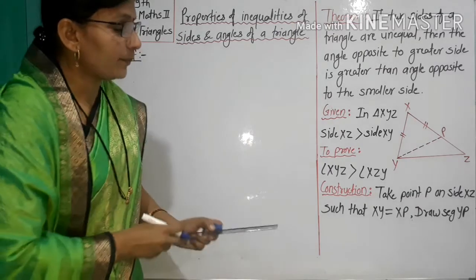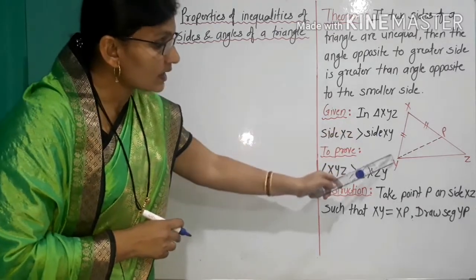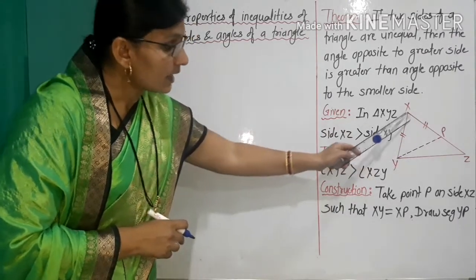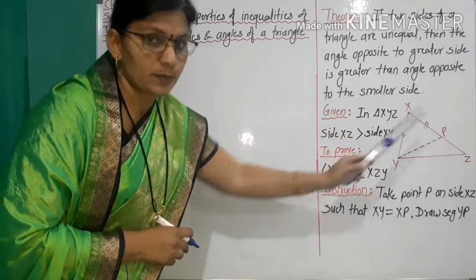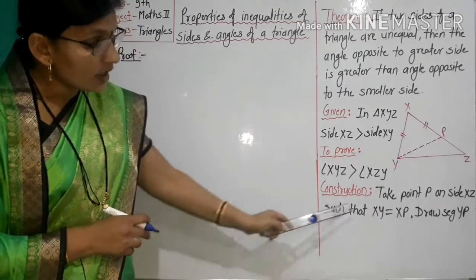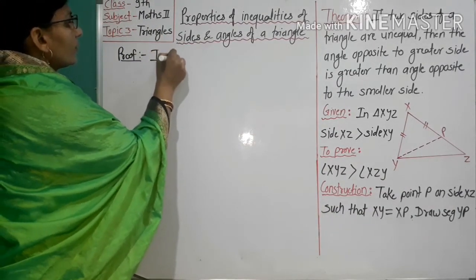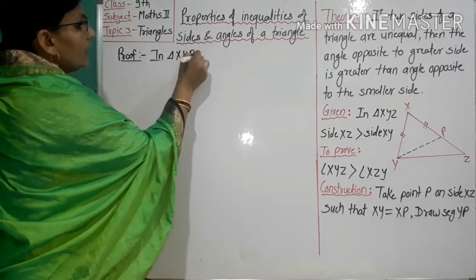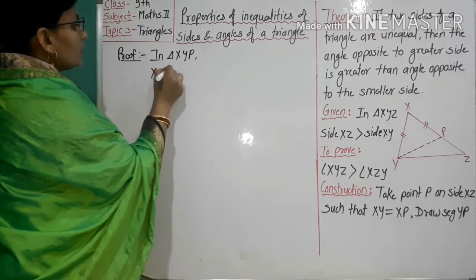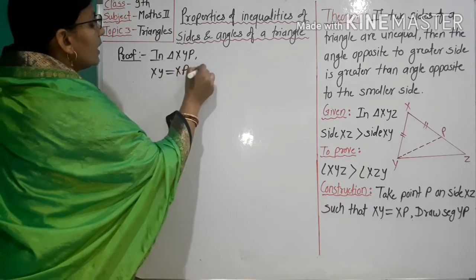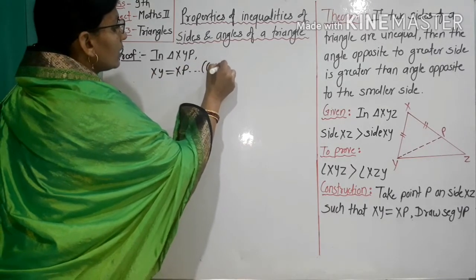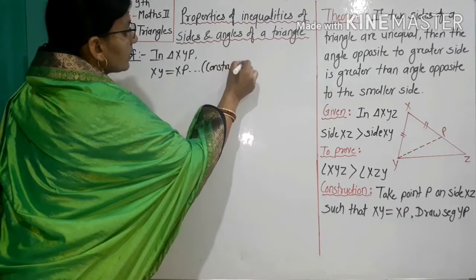In this figure, in triangle XYP, XY equals XP. Reason: construction.